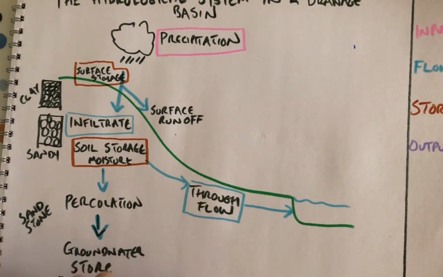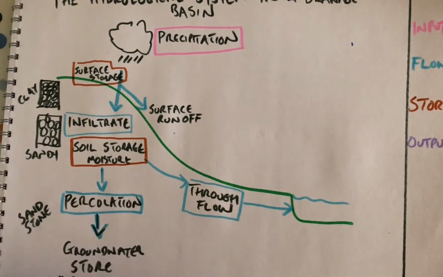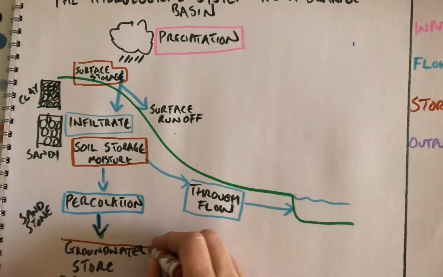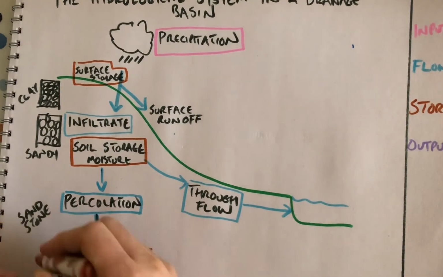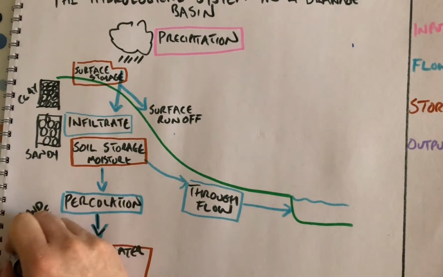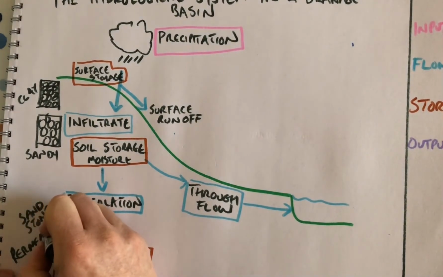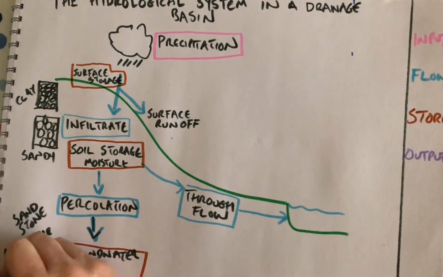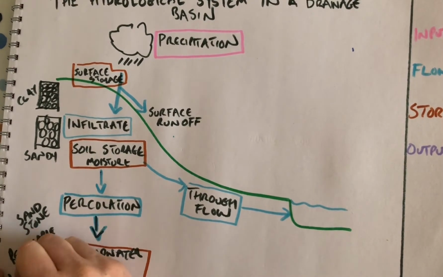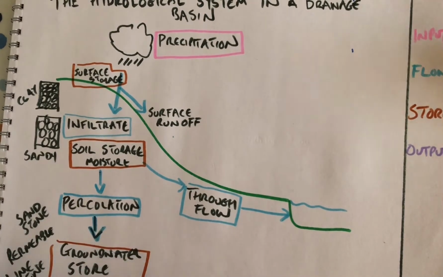It will be percolated, where it then enters another store, which is rocks like sandstone, which are permeable, or limestone. So sandstone and limestone are examples of rocks that are permeable, and that's where water can be stored underground.